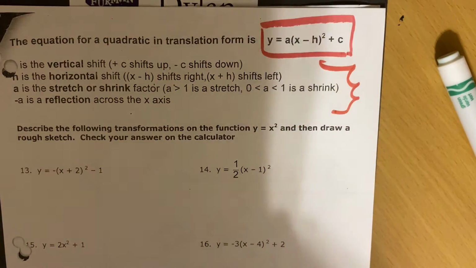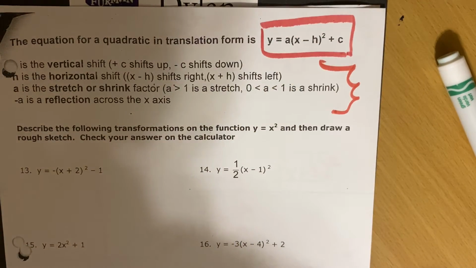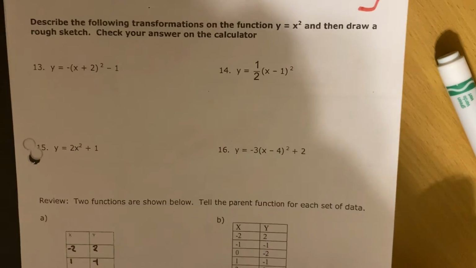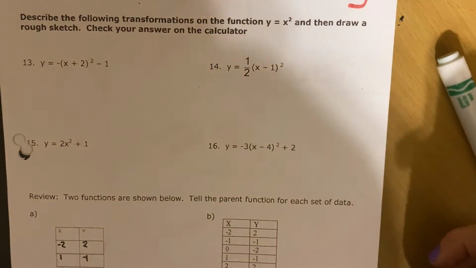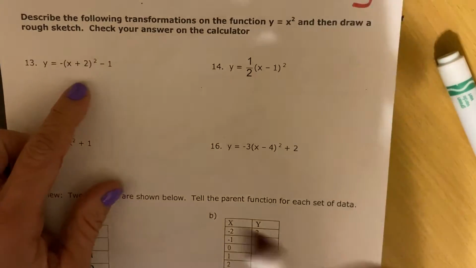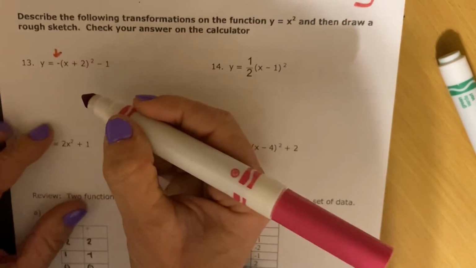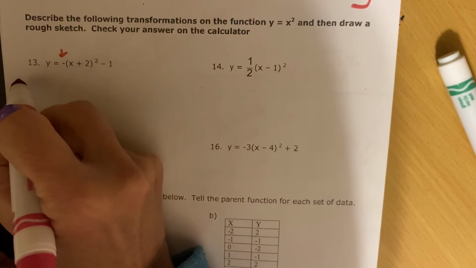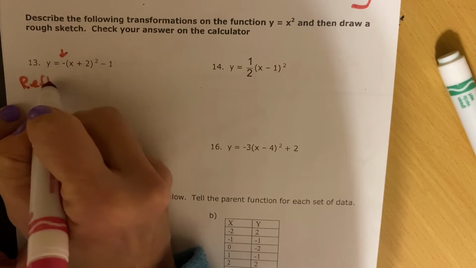All right, so we're going to go ahead and work on number 13, and this is just a summary of everything that we've been talking about. So we always start left to right, and so this negative right here tells us this is a reflection across the x-axis.